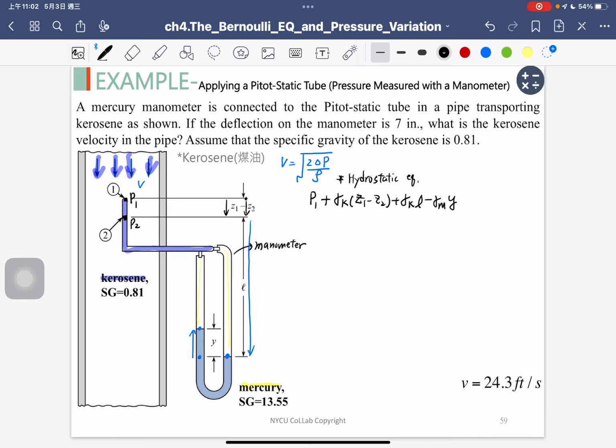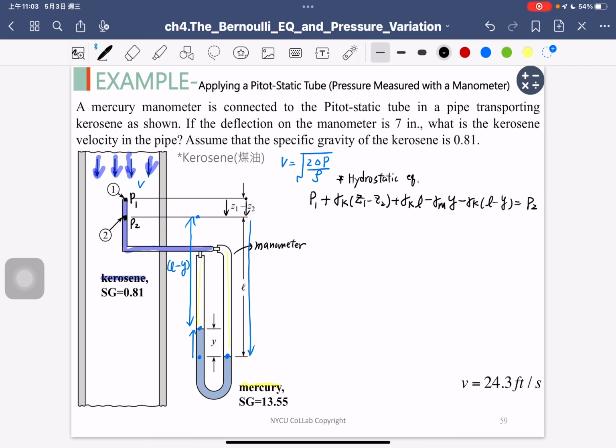And then finally, I wonder to go back from this point to here, and we need to consider the distance difference here is L minus Y, okay? This is still going up, so the pressure decreases, and the material changes to kerosene. So this is gamma K, and the length is L minus Y. And finally, I can go back to P2, right?